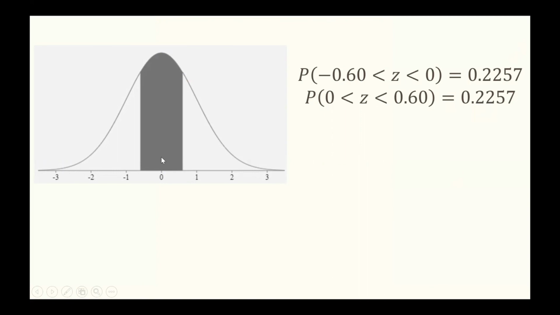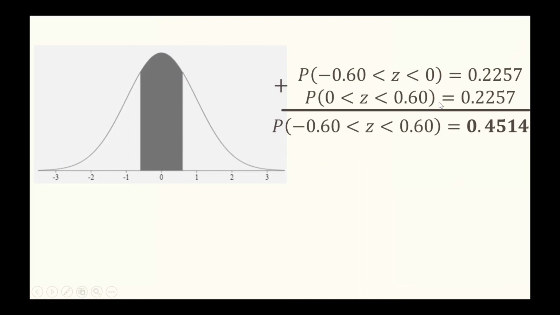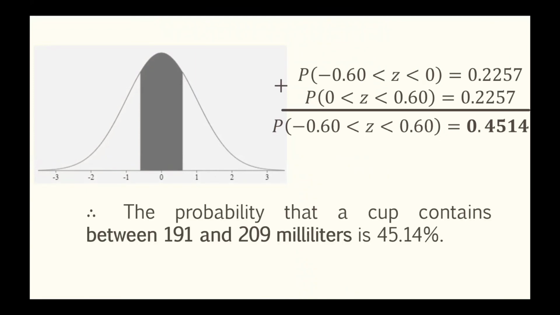So ibig sabihin, yung rule na gagamitin natin is we're going to add the two areas. That is according to case number 2. So the sum would be the probability from negative 0.60 to 0.60, that is 0.4514. Thus, the probability that a cup contains between 191 and 209 milliliters is 45.14%.